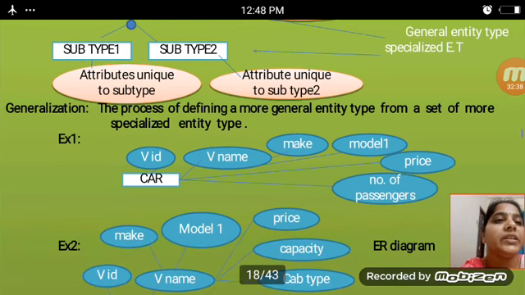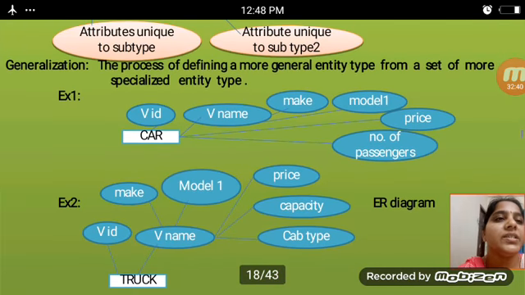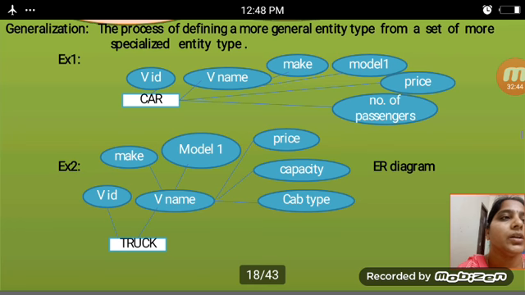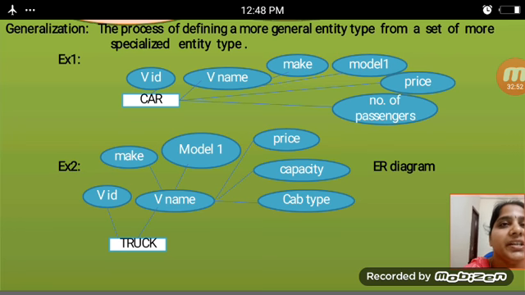Before going further, this is about generalization: the process of defining a more general entity type from a set of more specialized entity types. For example, take the figure below.